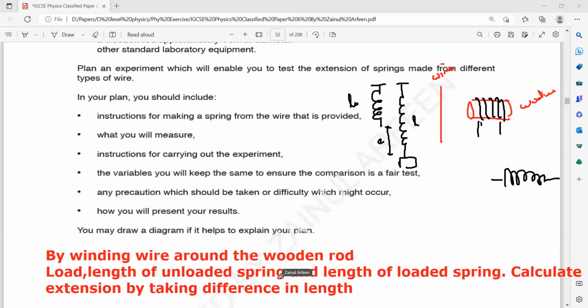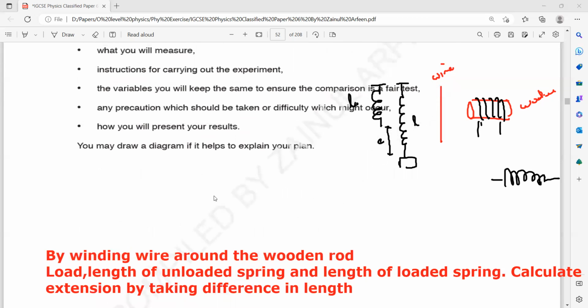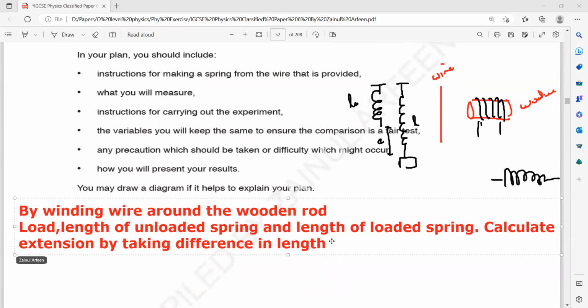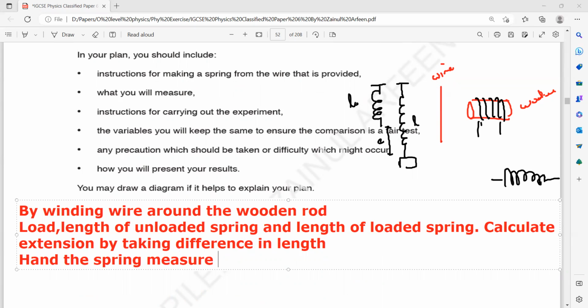Then instructions for carrying out the experiment, like how this experiment can be done. So the procedure for this experiment: we will hang the spring and measure the length of the spring.